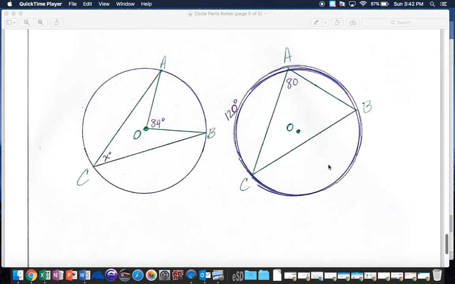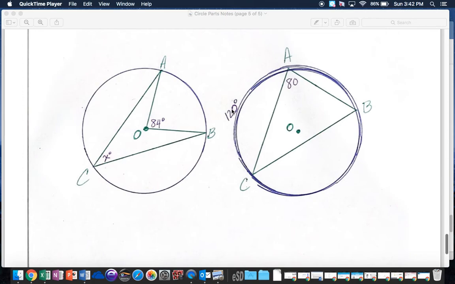All the way around a circle adds up to 360. Hold up. Chord, chord. All 3 sides of this triangle are chords. While there are 3 angles of the triangle, there are also all 3 inscribed angles. So this 80 is an inscribed angle, CAB. Its arc is here. If this is 80, this arc is double, 160.